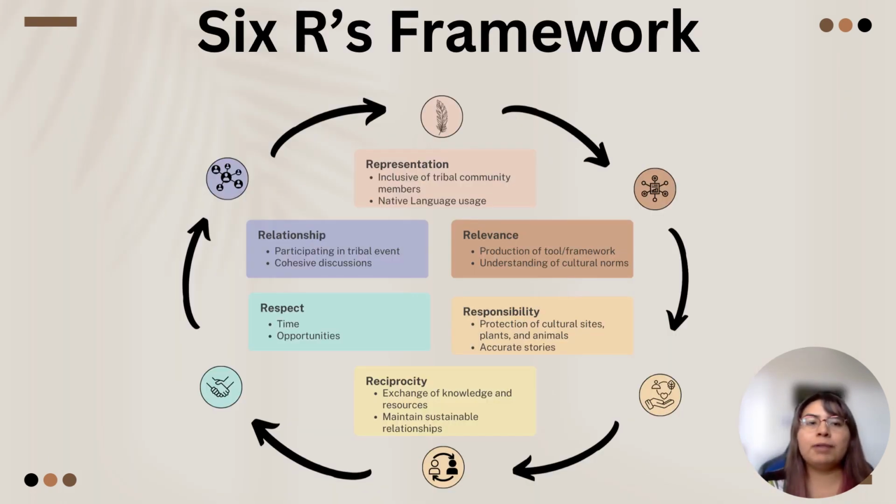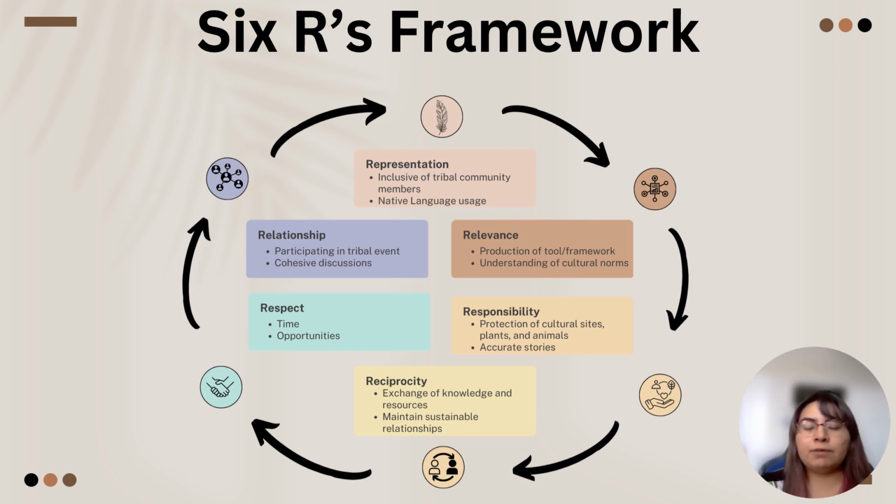To apply that research and to better understand what I'm currently looking at, I'm applying the 6R's framework, which includes representation, relevance, responsibility, reciprocity, respect, and relationship. With all of those, I could better understand how the signs show these 6R's.